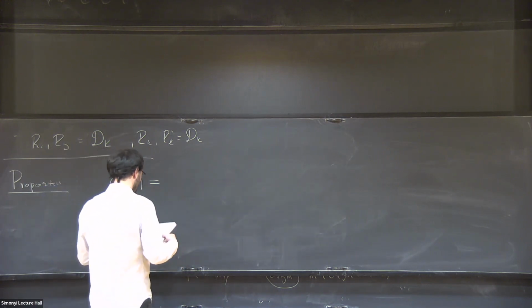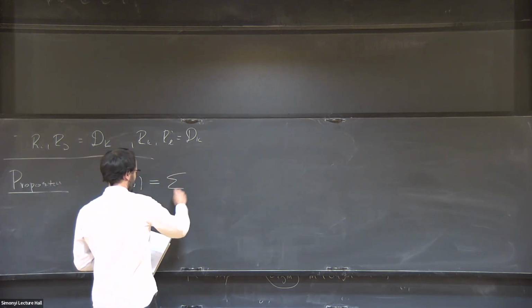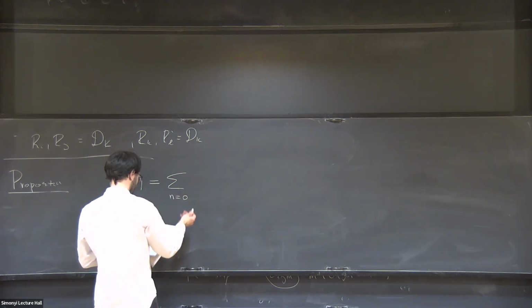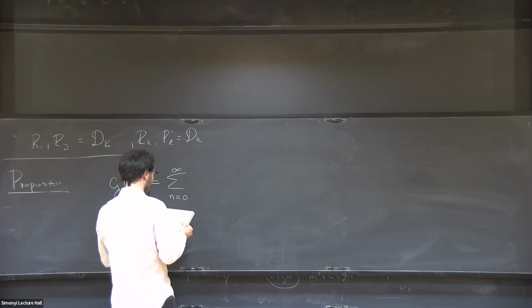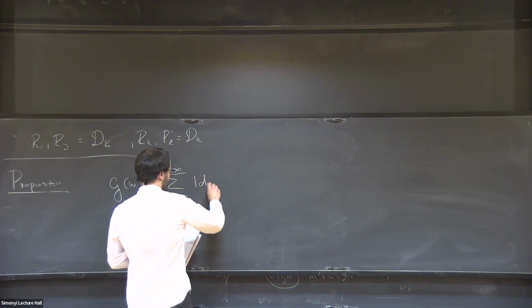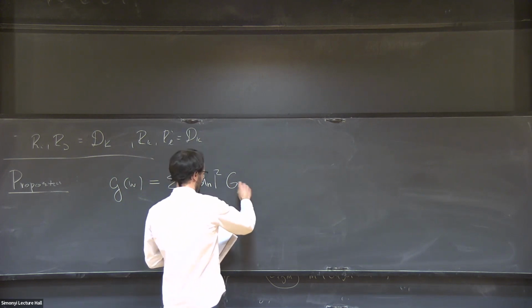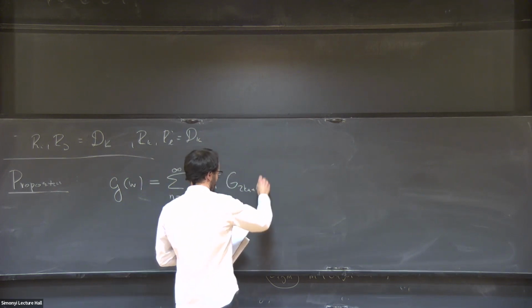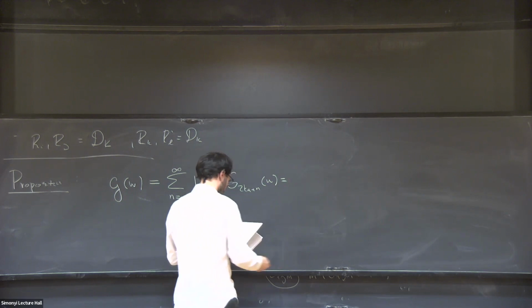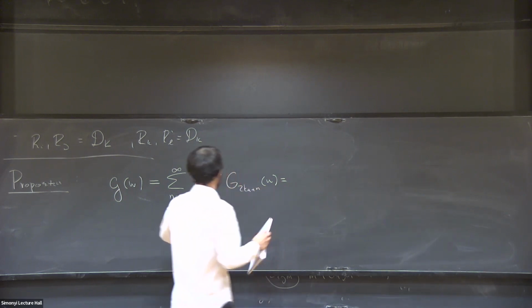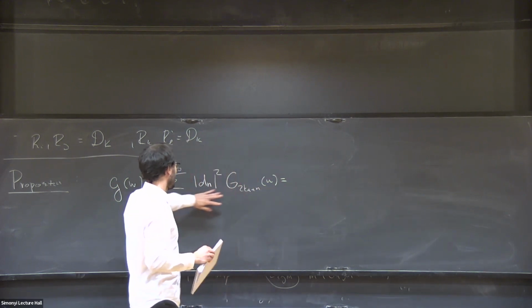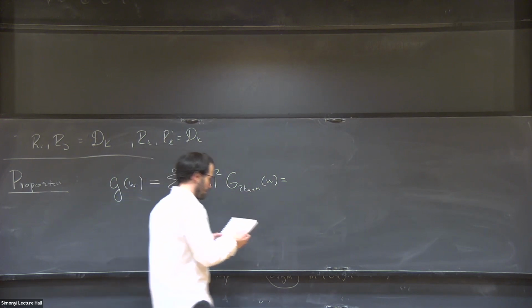One is a sum over non-negative integers of some positive number times some known function. So this is a sum over modular forms. Let me first write it.